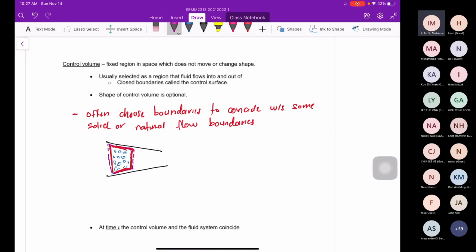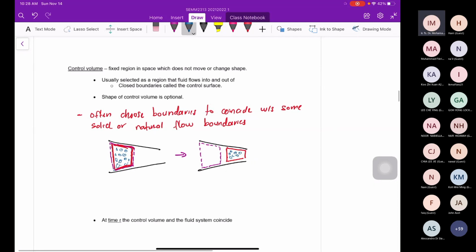However, as time goes by, the fluid will move, but the control volume will stay fixed there. This is the control volume, still there. But the system will change. This is for the system.